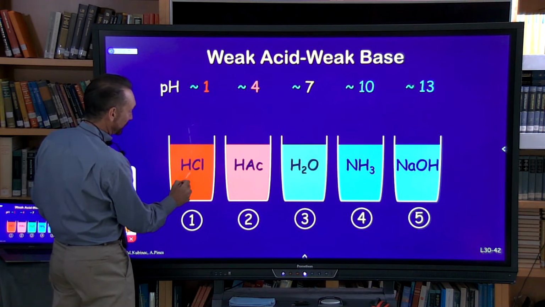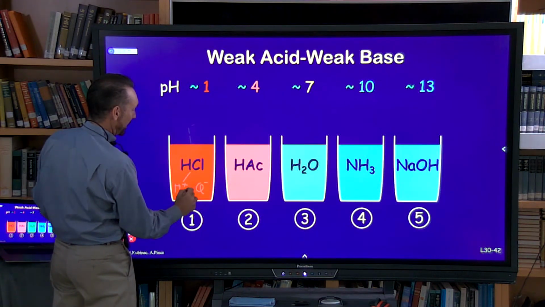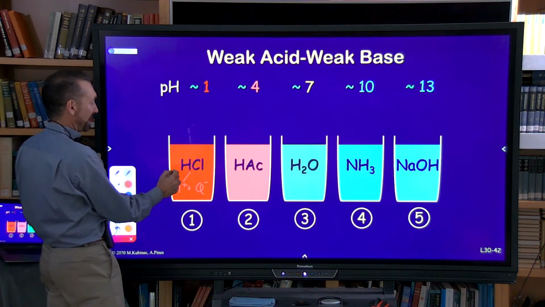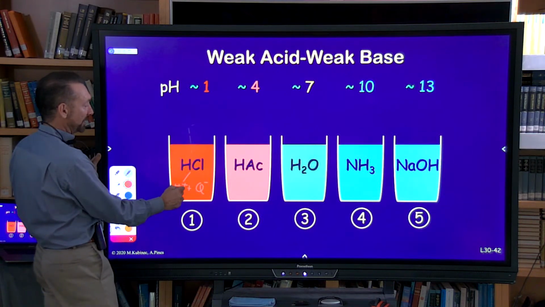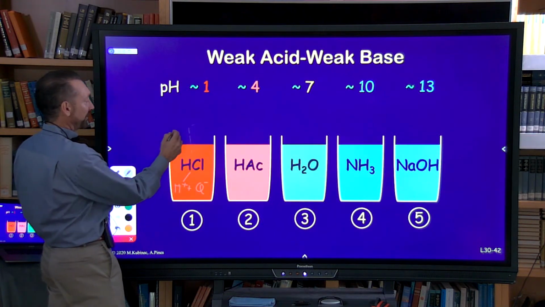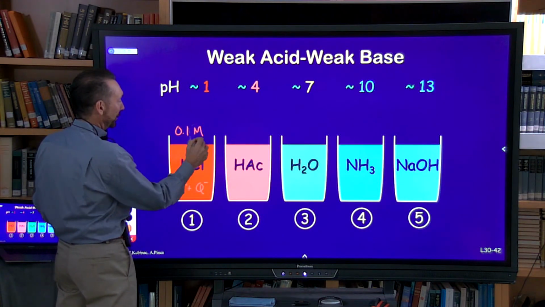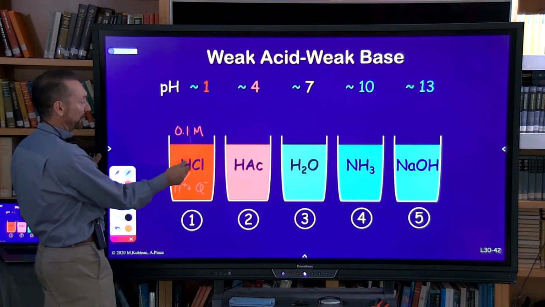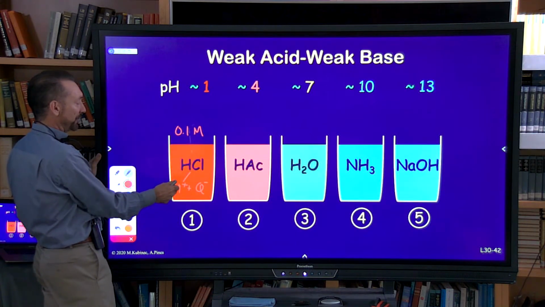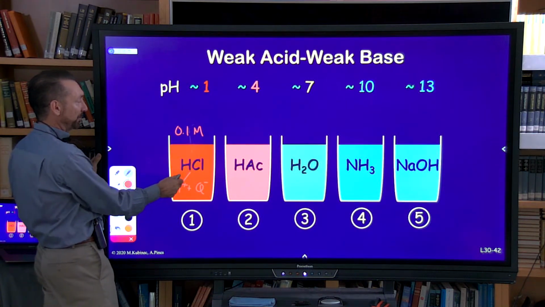HCl totally dissociates into H pluses and Cl minuses, 100%. So you get all your H pluses. If I start out with 0.1 moles per liter of HCl, it gives me 0.1 molar H pluses.